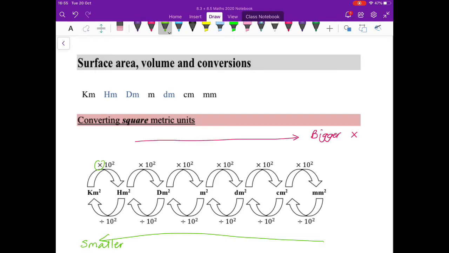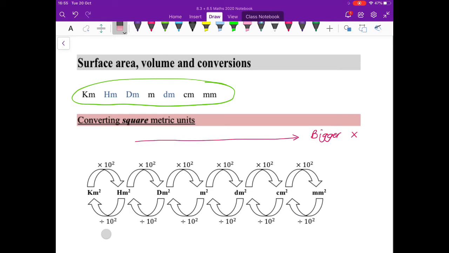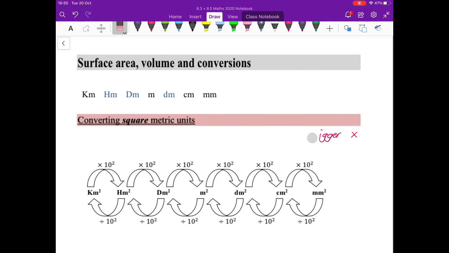So going this way, you can follow the arrows, we are multiplying, but when we're going this way, we are going to divide. It's the same as what we did with just units, not squared units. Remember what I said: try wherever possible to convert before you calculate, and we will see that through the questions we're doing on area and volume.